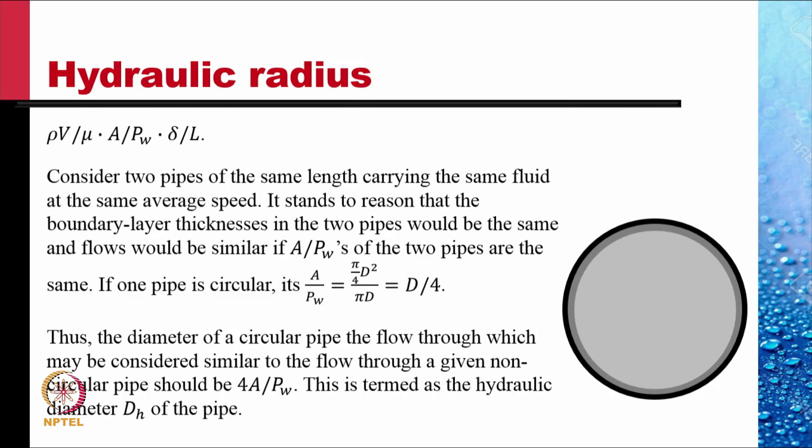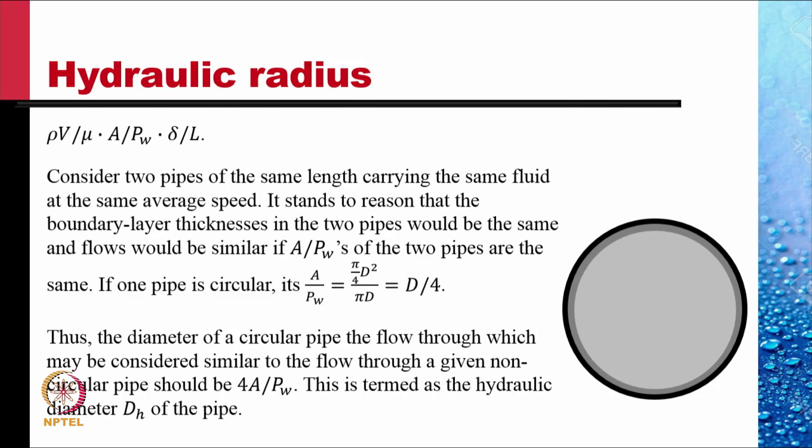Thus, the diameter of a circular pipe, the flow through which may be considered similar to the flow through a given non-circular pipe, should be 4A divided by Pw. This is termed the hydraulic diameter dH of the pipe.